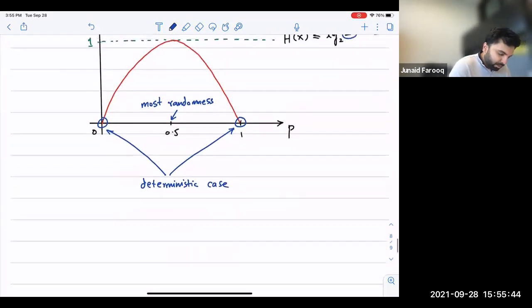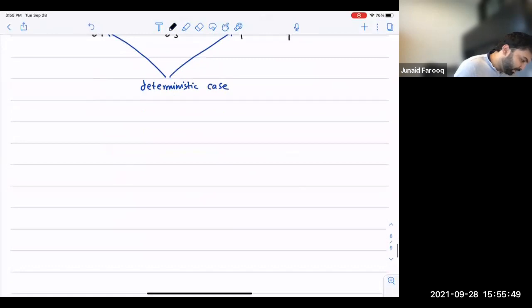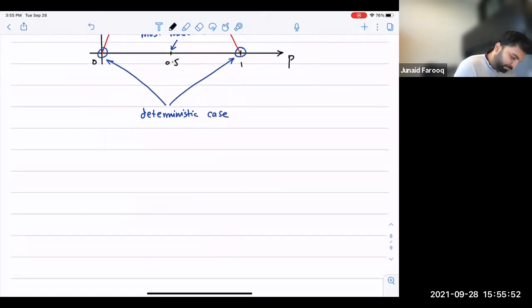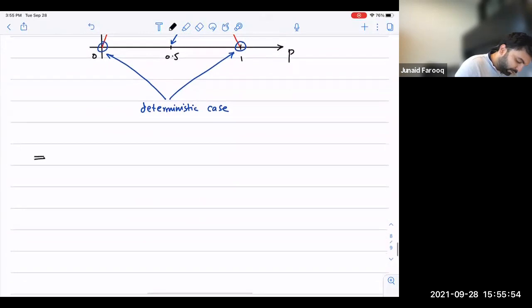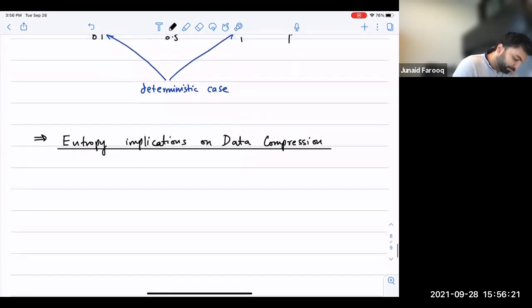The first thing that came to widespread application was the idea of compression. So how does entropy affect compression?